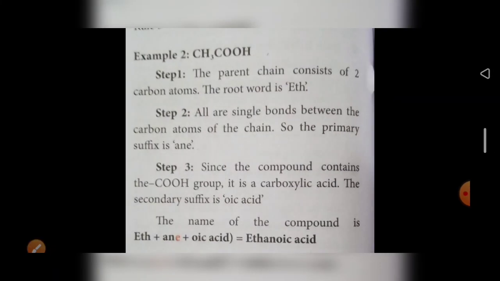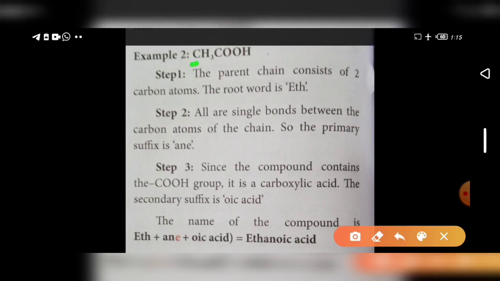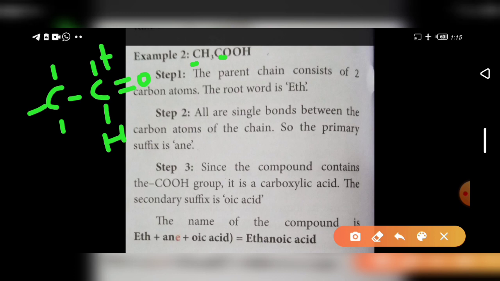Okay, second sum we will go. The second sum they gave is CH3COOH. Now see how many carbons are there? 2 carbons, the first carbon and the second carbon. The root word is eth. Write the structure. All are in single bond.